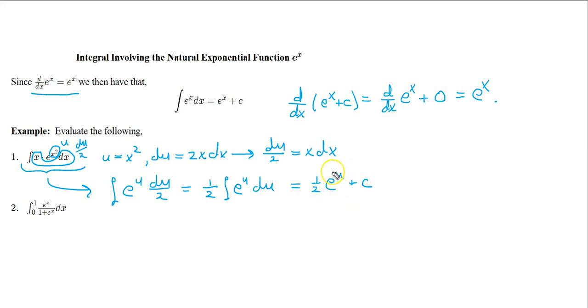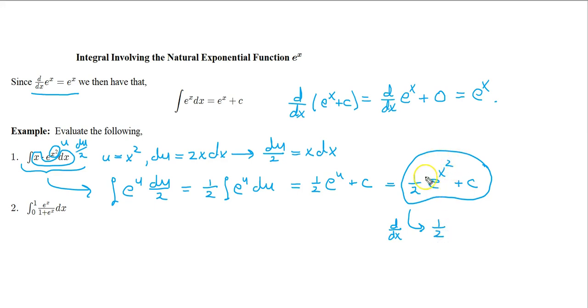And making the substitution, what u was x squared, and so we get, and there's our answer. And you can check that the derivative of this does give you back x e to the x squared. For example, if we were to differentiate this, we'll get 1/2.